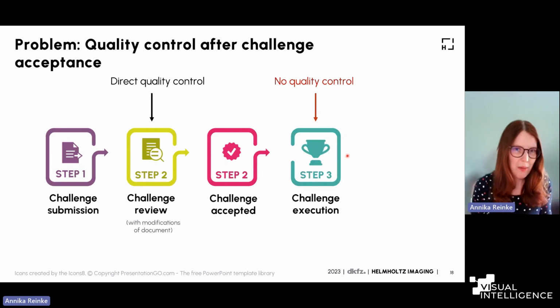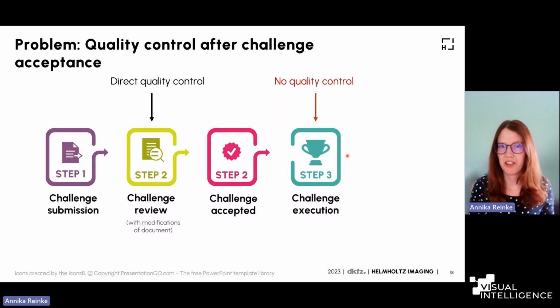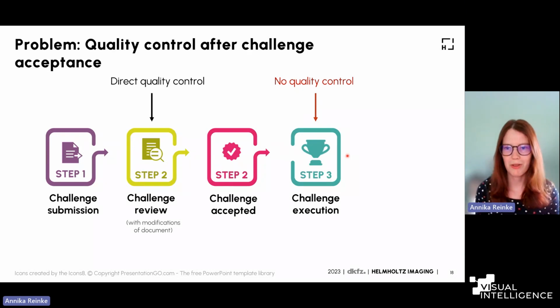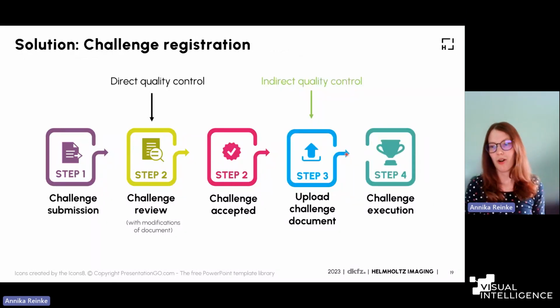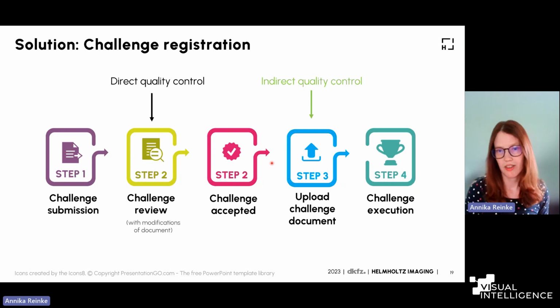So if you publish a paper, it's basically out there. You cannot change anything. But for a challenge, we couldn't control if organizers, for example, used a completely different ranking method or whatever. So we also wanted to overcome this, looked at what other people were doing, and also used this for our research. And we call this challenge registration. So we uploaded the design document with all of the different parameters online so that we somehow had an indirect quality control.